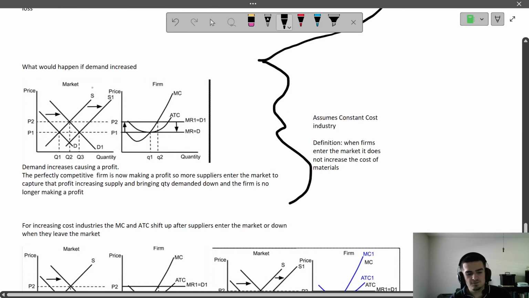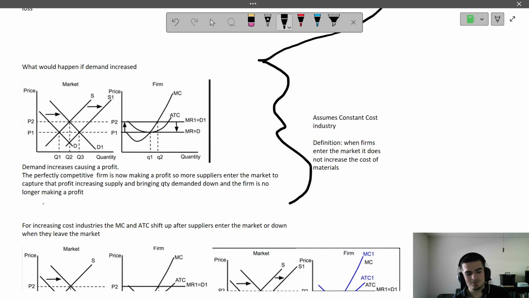So what would happen if a change in demand happened, right? So you would have to draw it. So here we have supply, and here we have demand, and then demand increases, and so this marginal revenue goes up, and then now firms are making a profit.